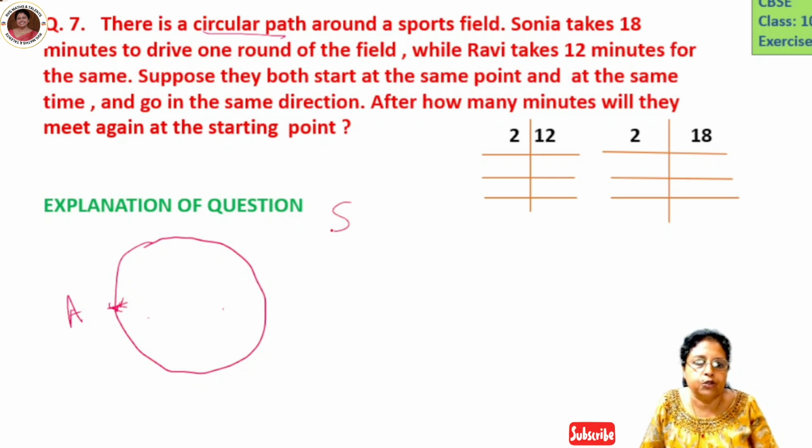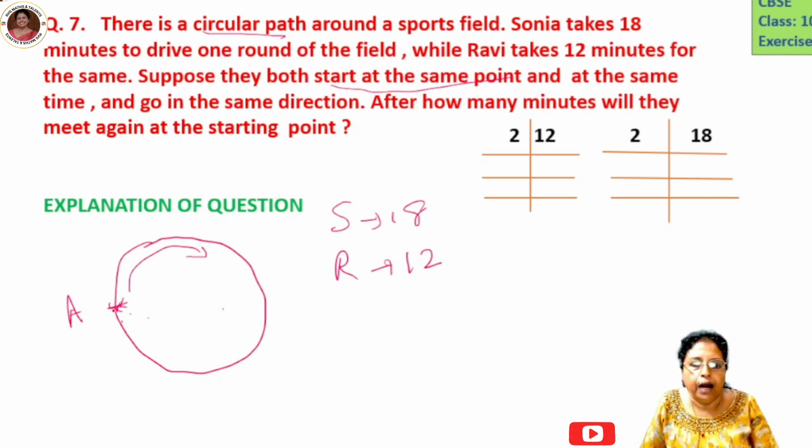That means Sonia takes 18 minutes and Ravi takes 12 minutes to complete one rotation. Suppose they both start at the same point A at the same time and go in the same direction. After how many minutes will they meet again at the starting point?